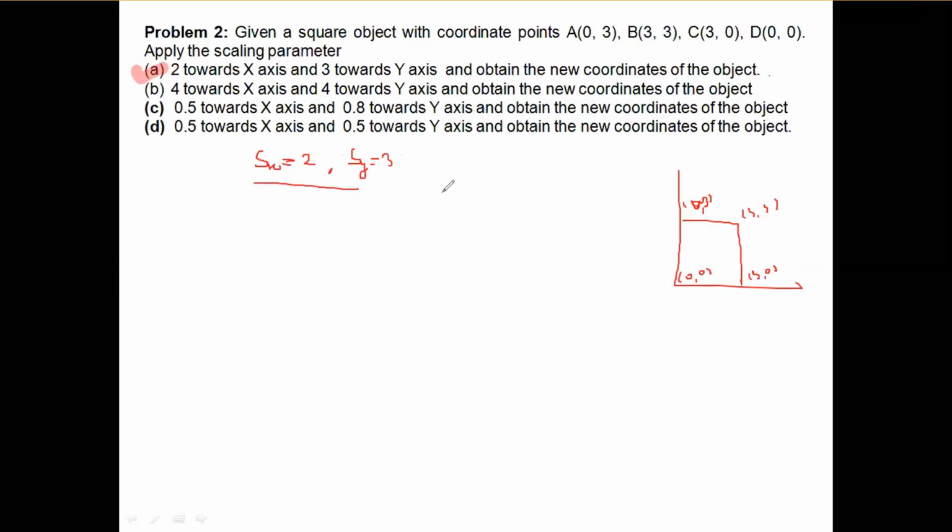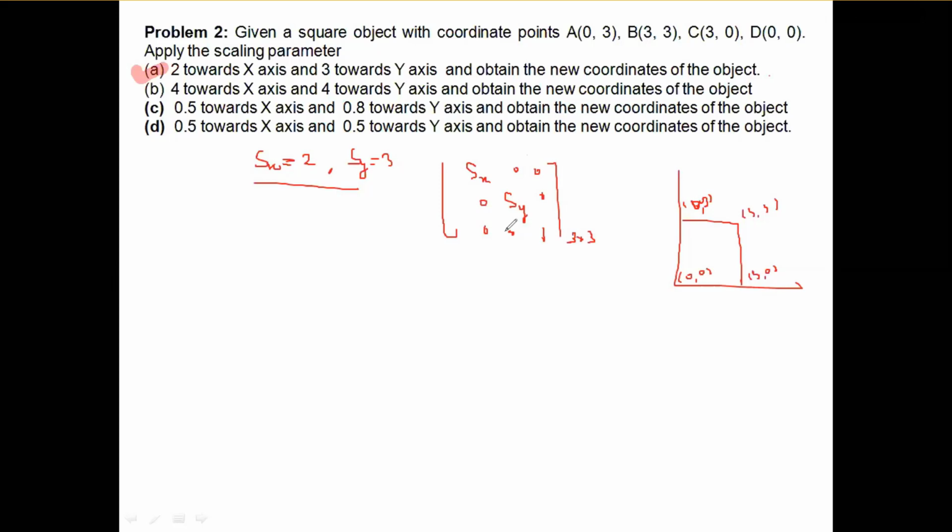We have already gone through the scaling matrix sx, sy, of 3 by 3 order, and I have already covered when we enlarge the object, when we decrease the object, and when uniform scaling and differential scaling take place.